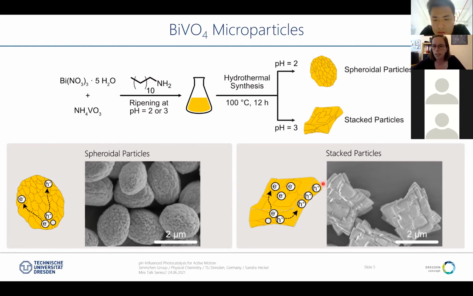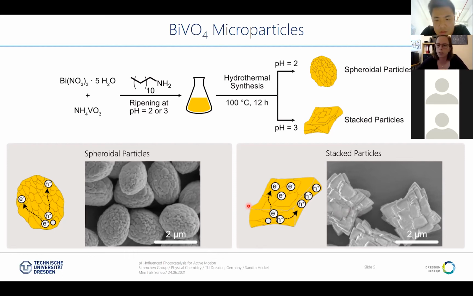However, at the stacked particles, you can probably already guess from the SEM images, they are most likely stacks of these single crystallites that you saw before along the electron-rich facet, which means that we can still accumulate holes on the side, as you can see in this sketch here, and electrons on the top and bottom. So we still have electron and hole separation.